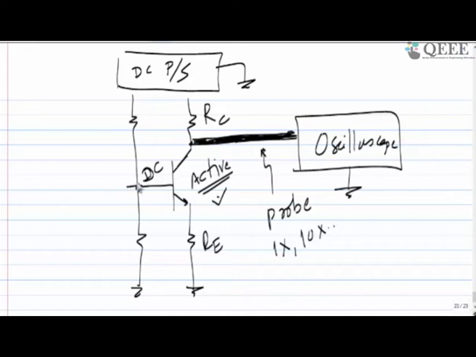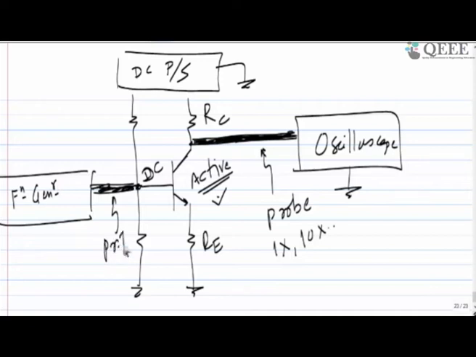So if I want to amplify, I need to connect some input, and that input is coming from a function generator, and this is also a probe. It may be 1x, 10x, it's up to you. Okay, and the chassis of the function generator is connected to ground.